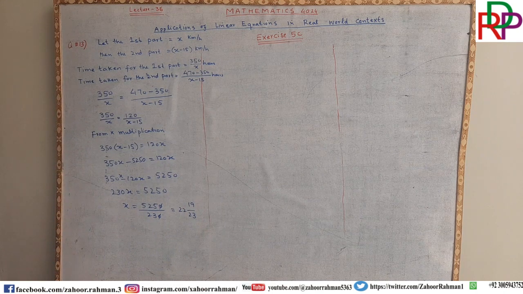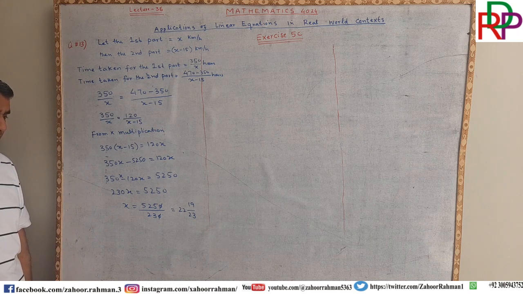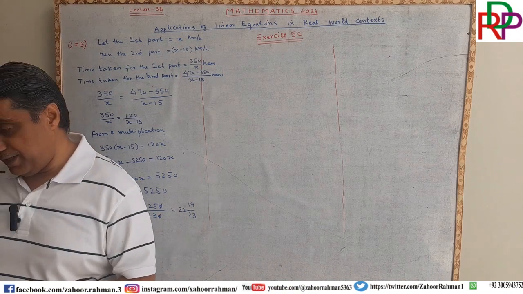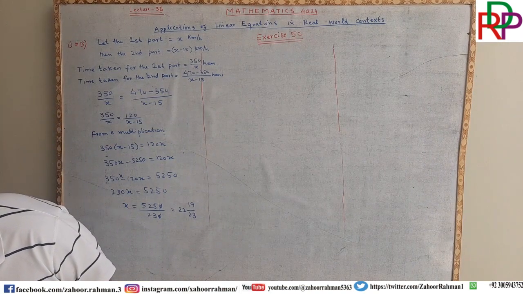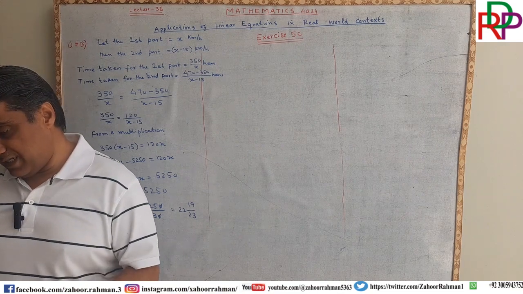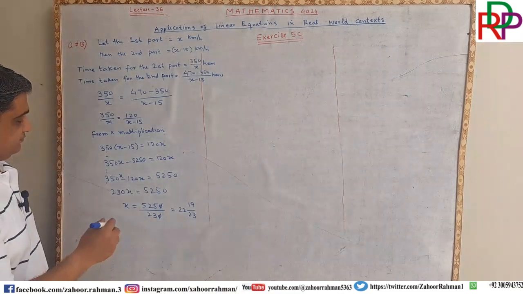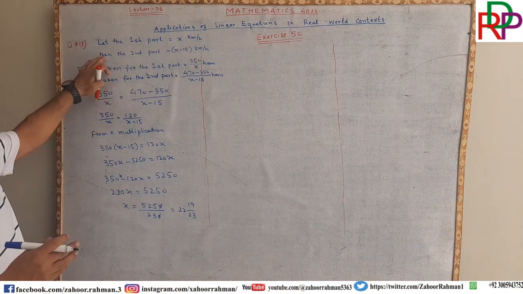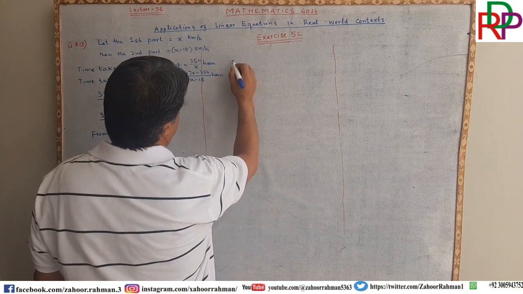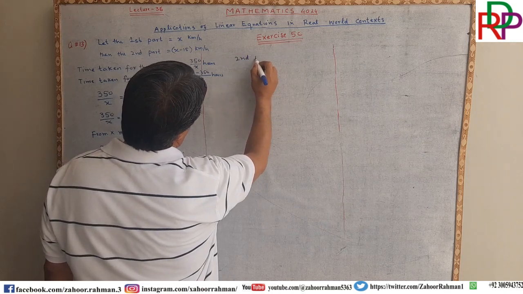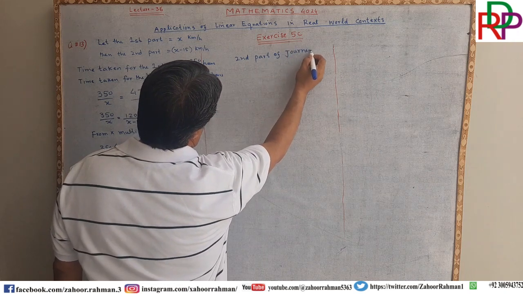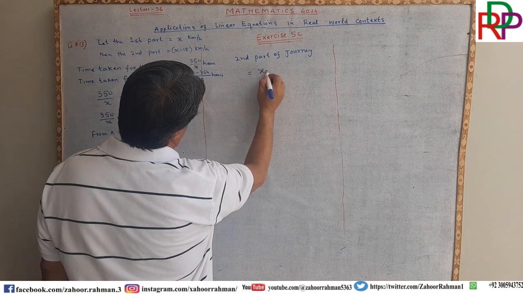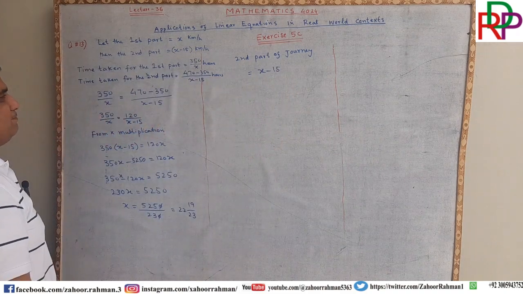But ladies and gentlemen, this is not the final answer. We have to find the second part of the journey. So second part of the journey was that it was x minus 15. So the second part of journey is equal to x minus 15 kilometer per hour.